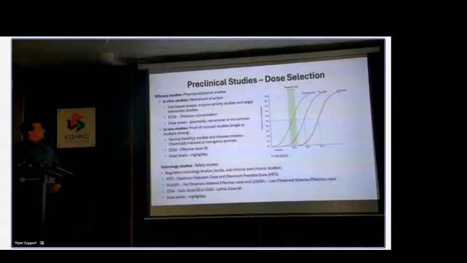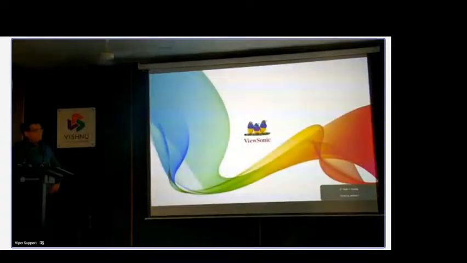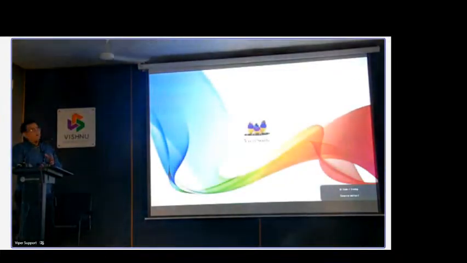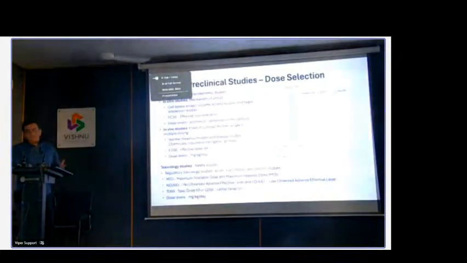So a cell-based assay or enzyme activity study, or any receptor interaction studies, like dynamic studies, would establish a concentration that can inhibit 50% of the drug activity, like 50% of the activity actually.